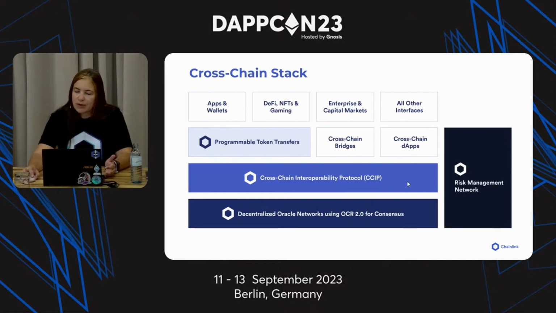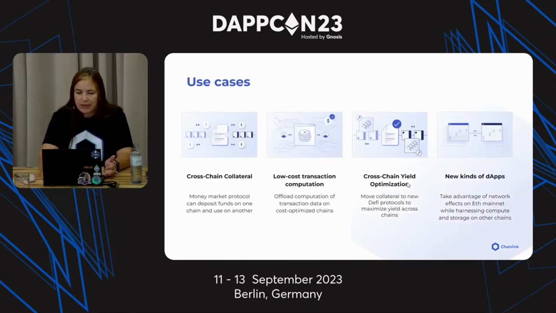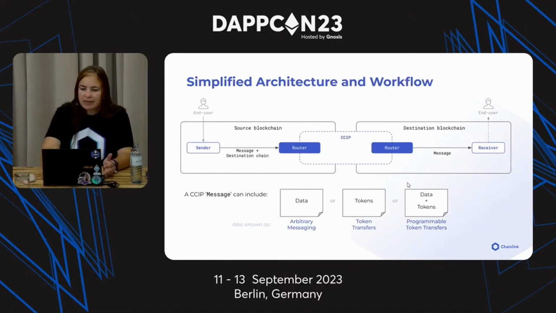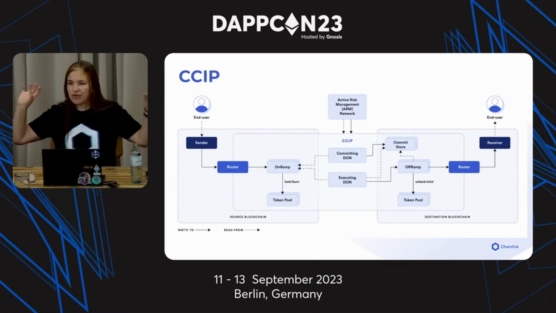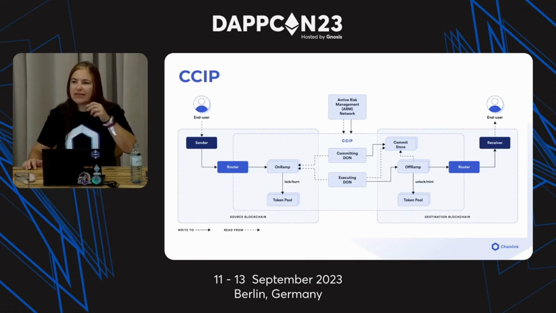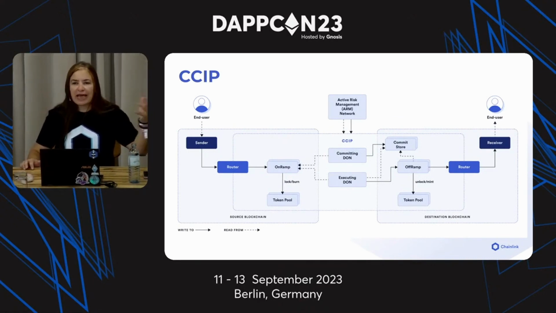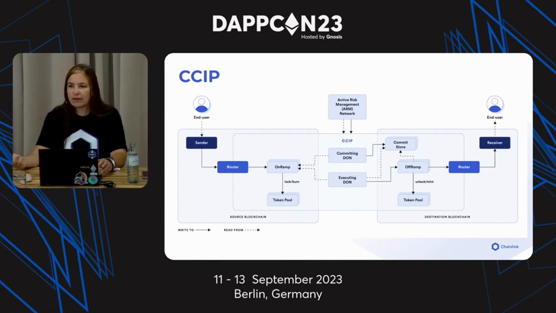And this is a bit of the cross-chain stack, like wallets, applications, where can you use it. And also, one important point that I need to tell you is related to the workflow. And here, we have a risk management network. So we have two different networks of nodes. One network is really monitoring one chain, getting the transactions in the router and sending to another chain.